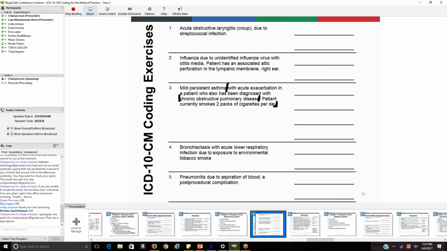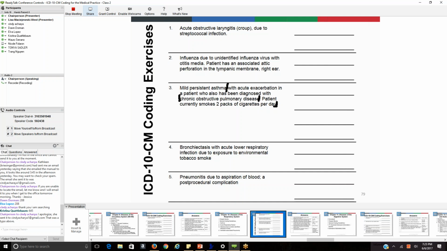If we look at the family name, which is the 3-digit code, it tells us what it includes, and it also says use additional code to identify tobacco dependence and history of tobacco dependence.